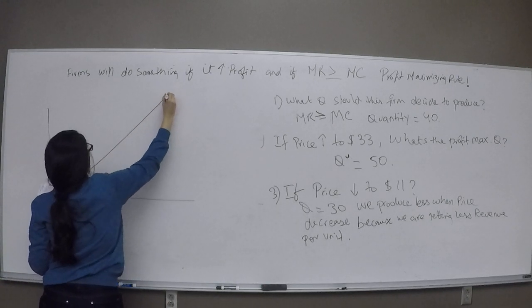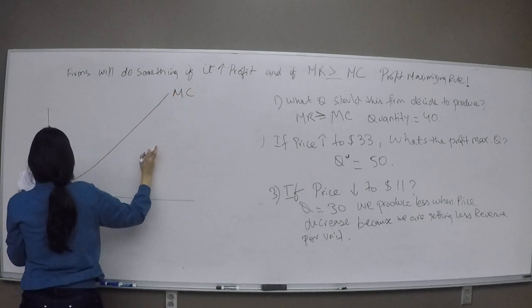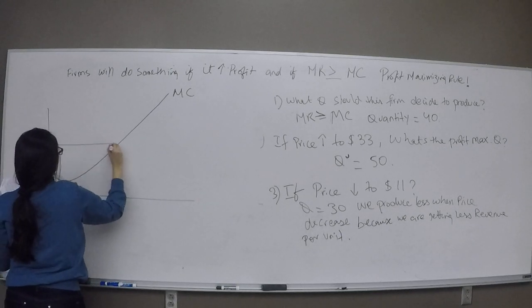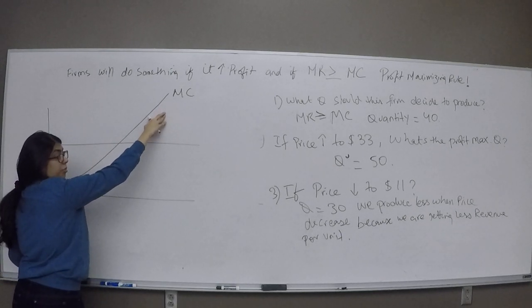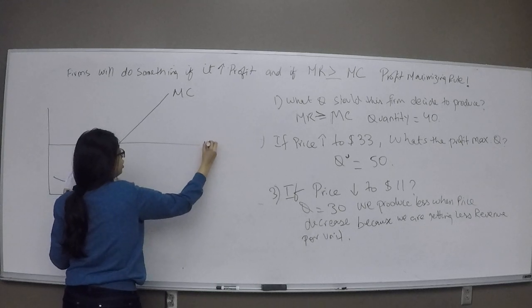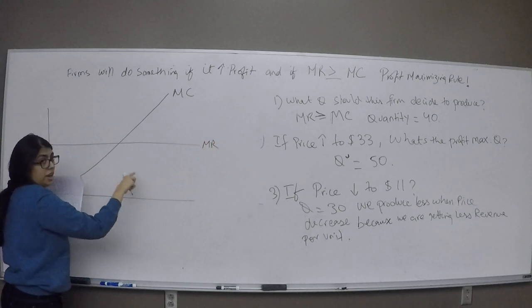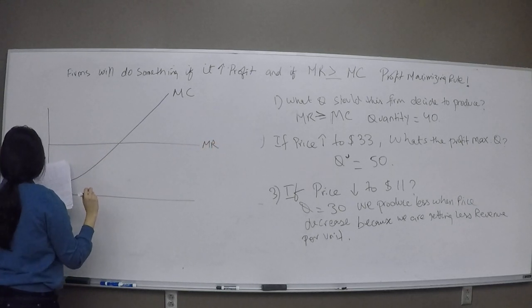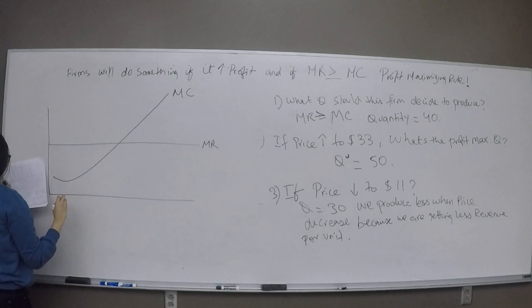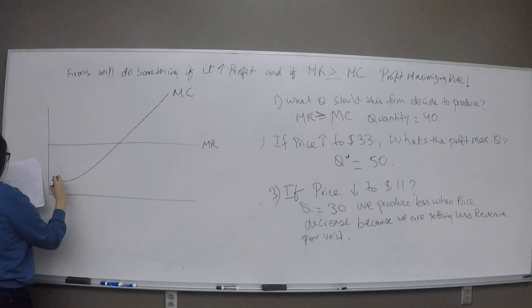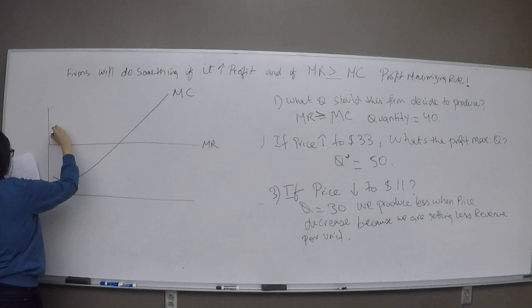That way you'll have a better idea. So you have your supply curve, your marginal cost. You have your marginal revenue, or your demand, right? And then you have your average total cost curve.